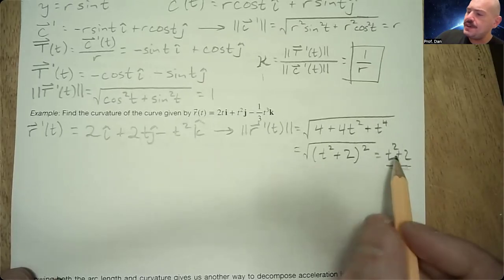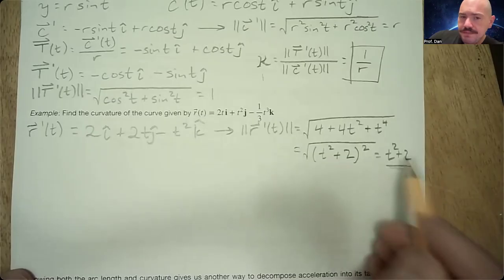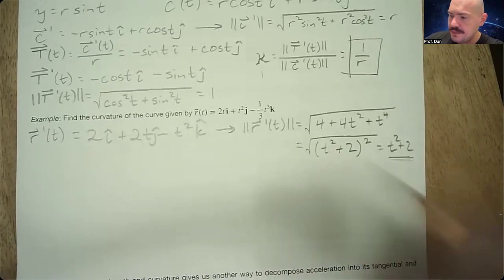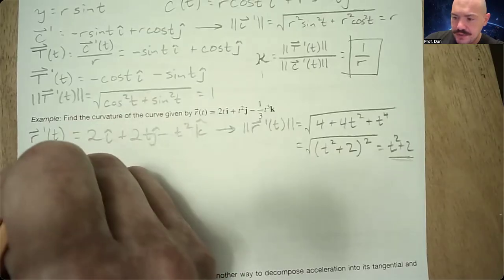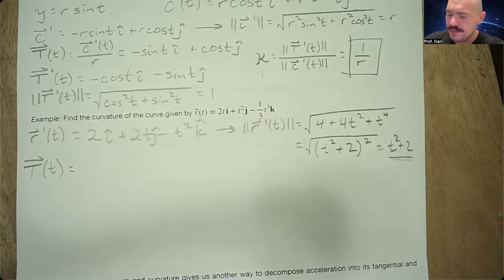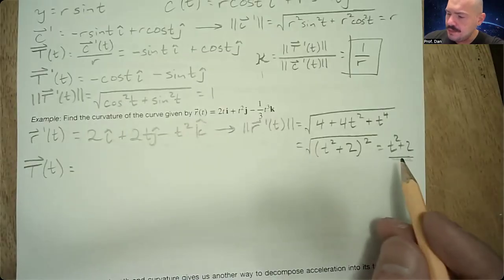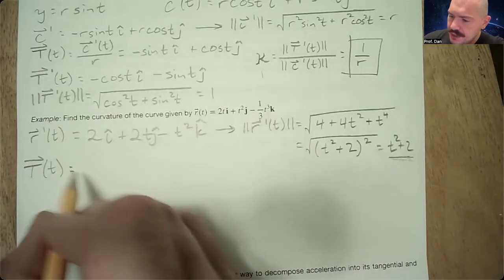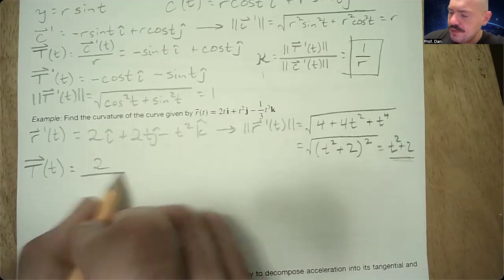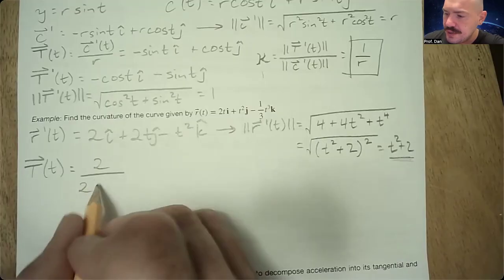All right, so we have the magnitude of r prime, which we can now use to find the unit tangent vector. So T of t is going to be r prime divided by its magnitude. So we have 2 over 2 plus t squared.